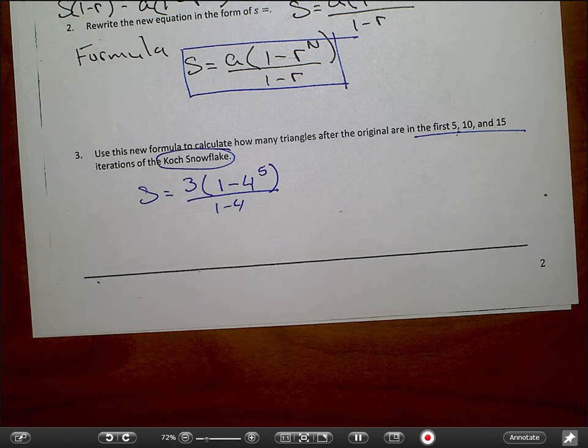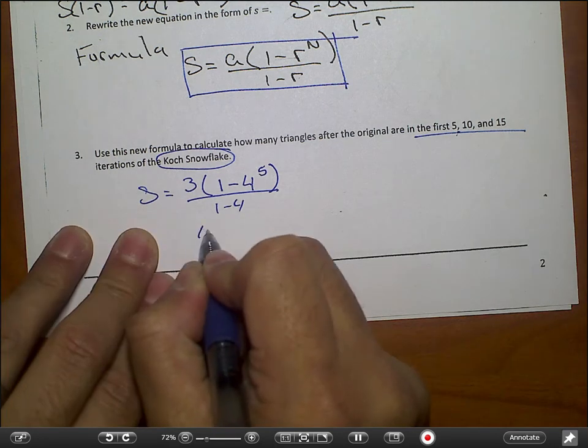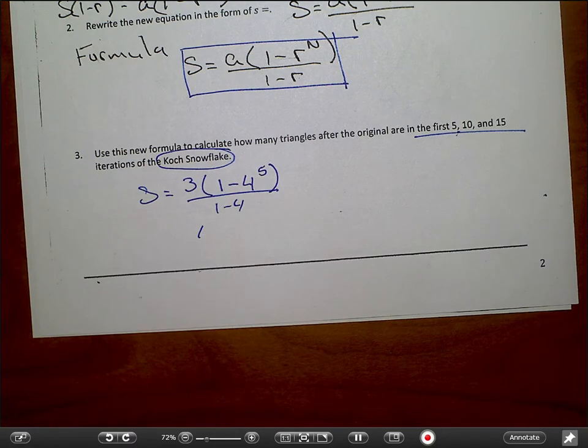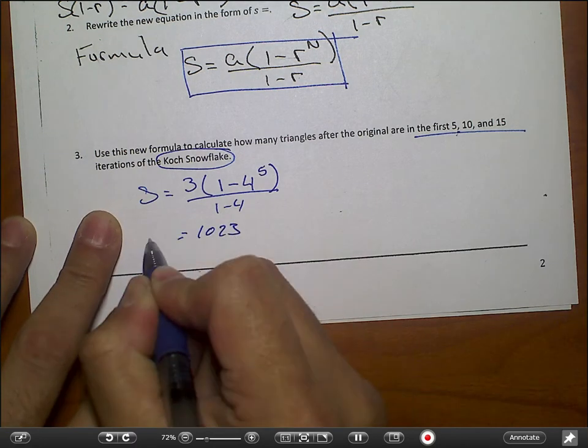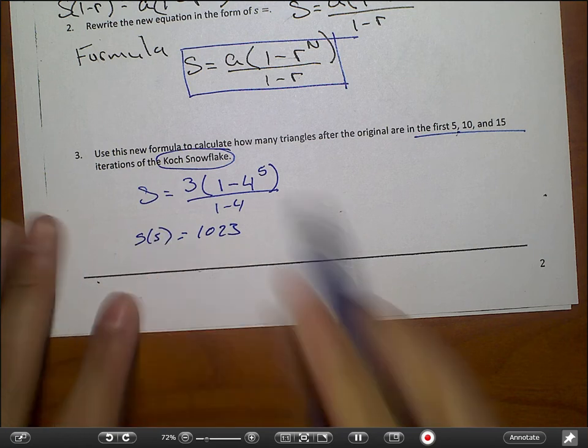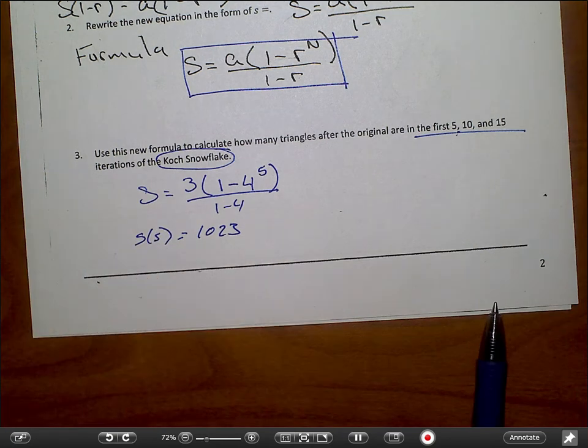Is it negative? Nope, it's positive. It was 1023. I didn't get that. Okay, so give me one moment and I will pull up my calculator to try to show you guys.